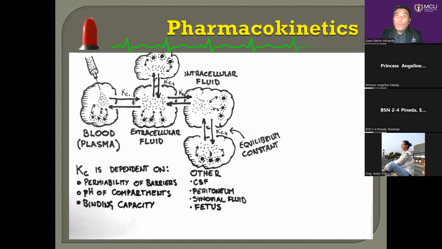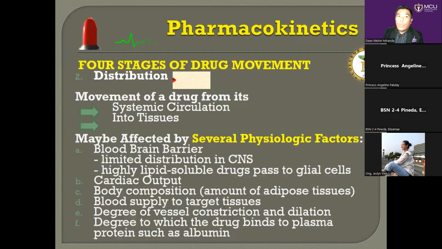Now, when we talk about the distribution, we are talking about the systemic circulation. Okay? When the drug enters to the plasma, papasok na to into tissues. Sa tissues na tayo. Kaya that's why if we go back to the absorption, AAS, we have administration site, across tissues, then systemic circulation. Pagpasok sa systemic circulation sa plasma, papasok na siya ng tissues.